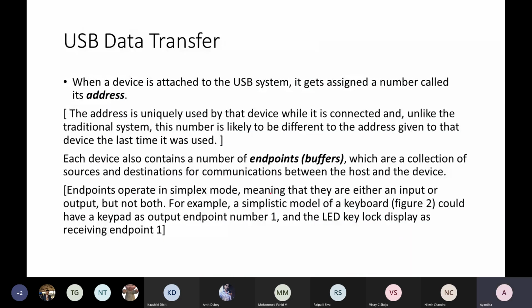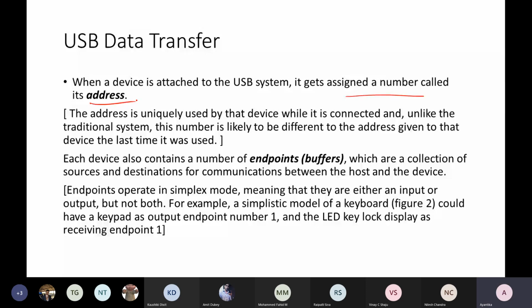So when we are talking about USB data transfer, of course, one device is attached to USB. Maybe that device is requesting data from USB, or it is transferring or storing some data in USB memory. Whenever a device is attached to the USB system, it gets assigned a number that is called address. Now, whenever a device is getting attached, the whole device may not be communicating with the USB.